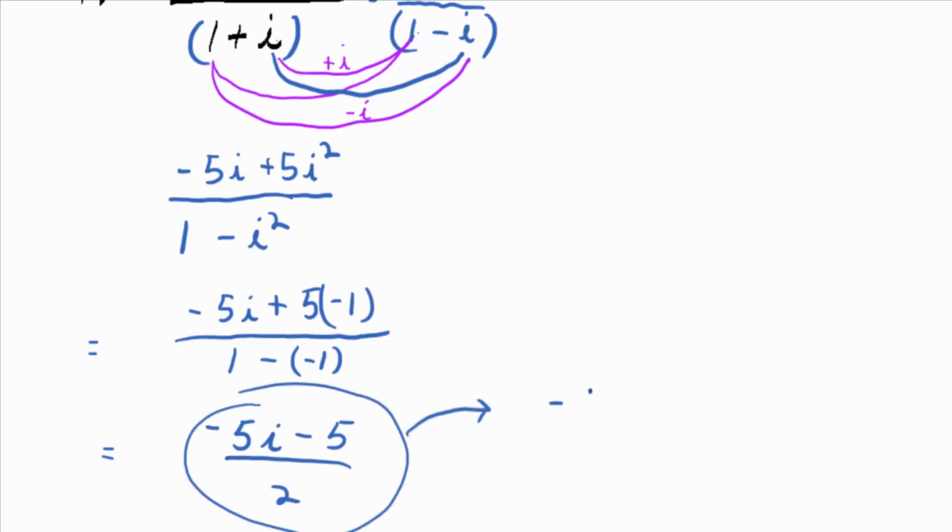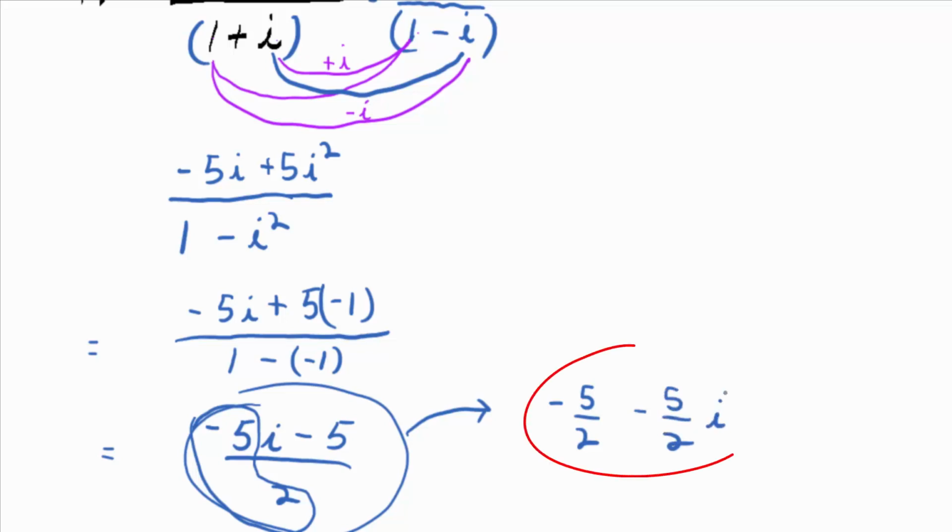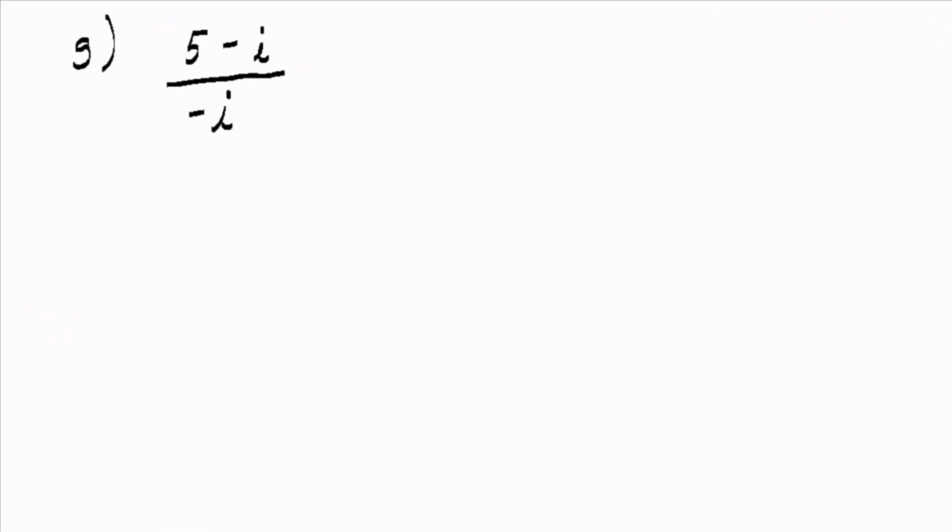This is the same thing. If you turn it around, you get negative 5 halves, and then you'd have minus 5 halves i on the end there if you turn it around. And that's equivalent, right? If you undo the subtraction and keep the common denominator there. Does everybody see that?